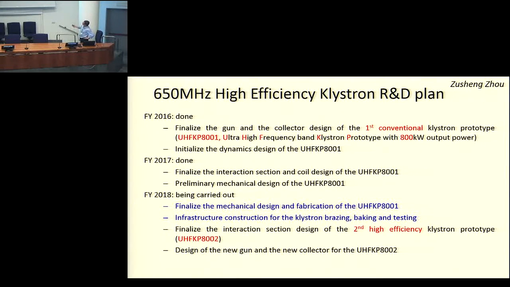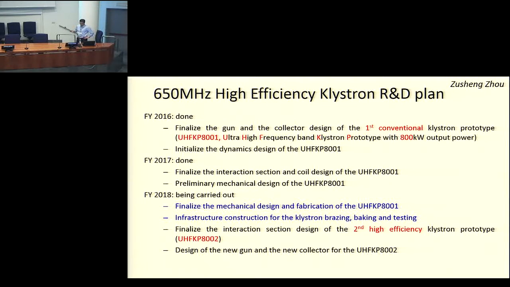And for the high efficiency collector R&D, we are now at this stage, and we are nearly finalizing the mechanical design of the conventional efficiency, high power collector. So this year, we will start fabrication of this 650 high power collector.